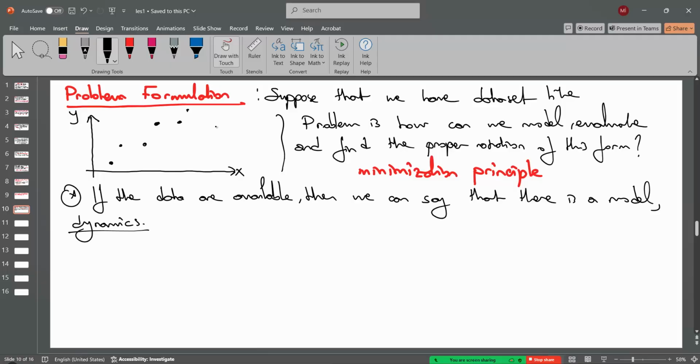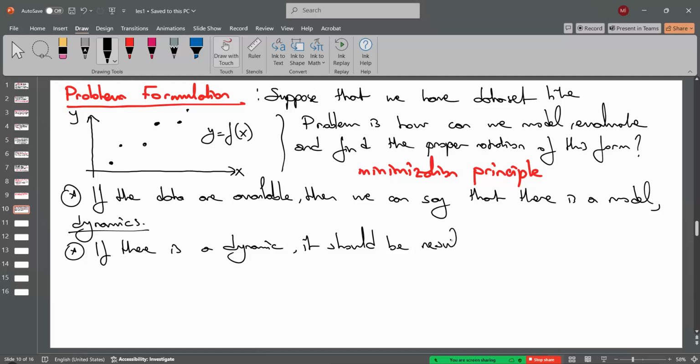So y is a function of x, not of time. But we can write it because we can use the math for every variable. If there is a dynamic, it should be the result of some minimization problem, right?